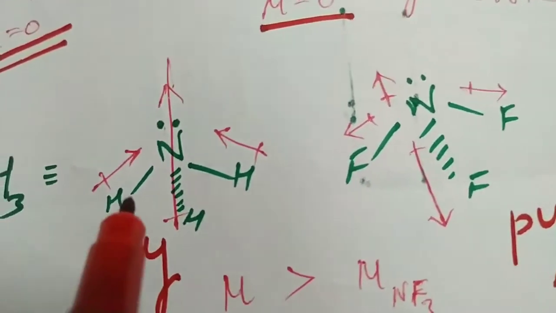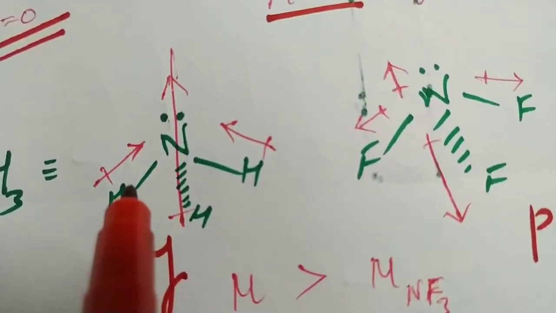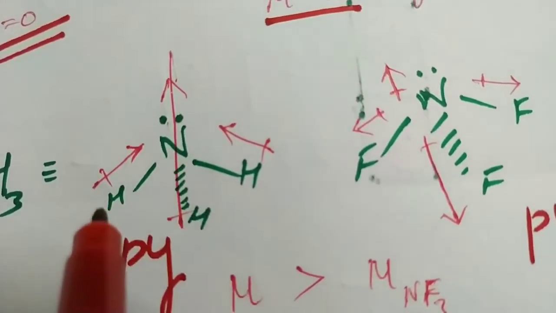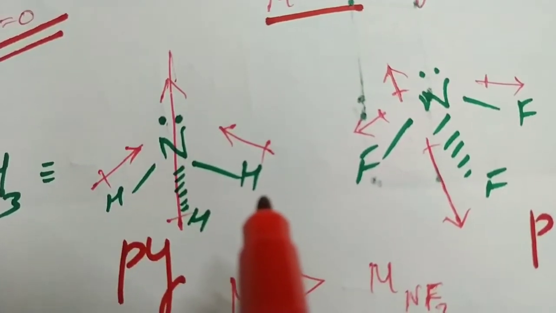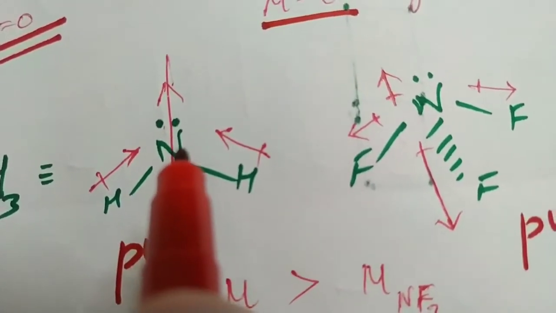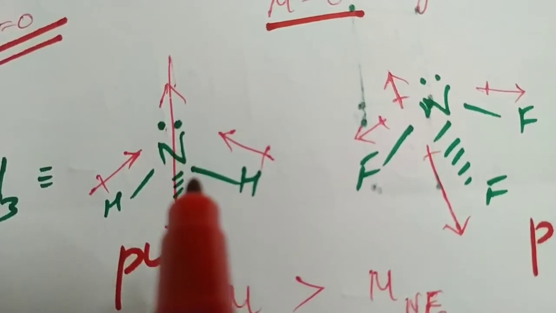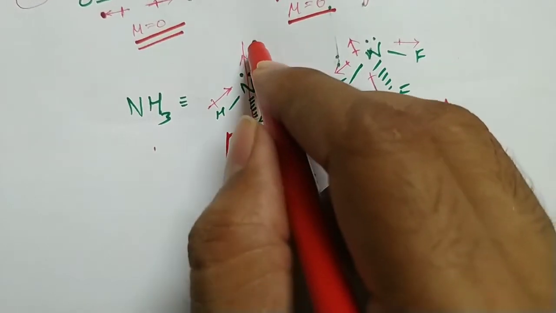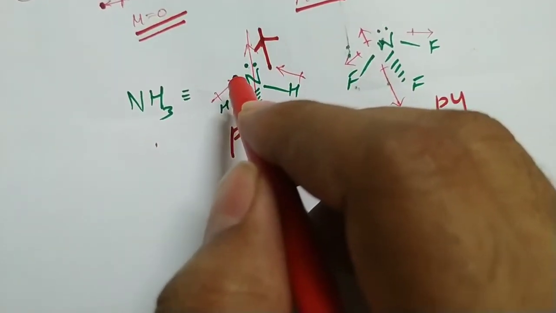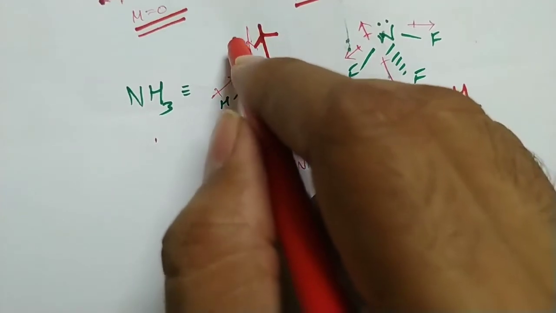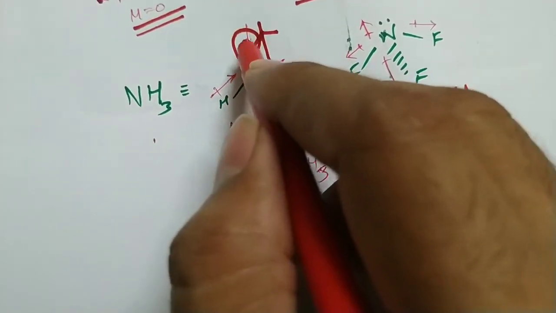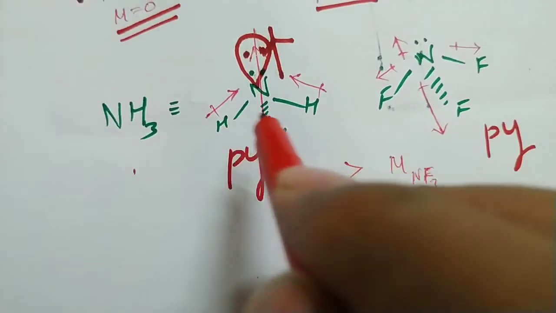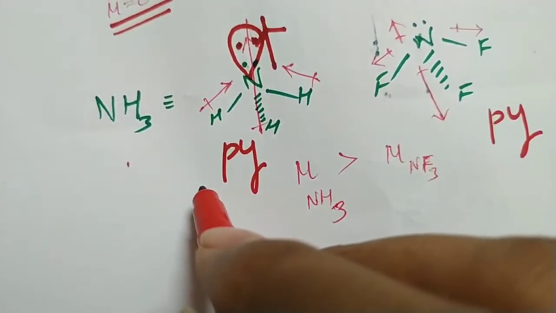The difference is that in NH3 the electron density moves from all three hydrogens towards the nitrogen side, and from the nitrogen the electron density is directed upward, because there is a lone pair in an s orbital there.